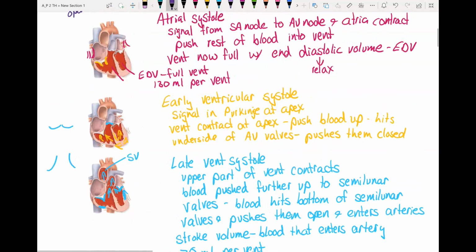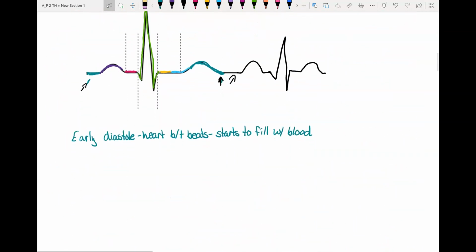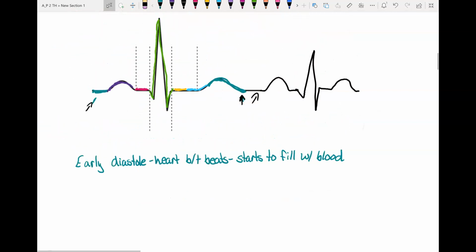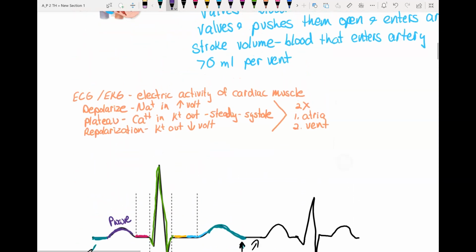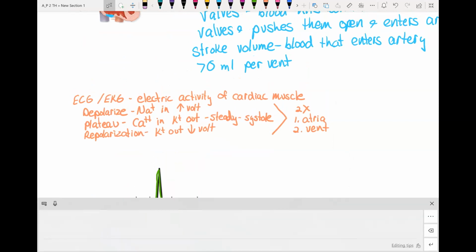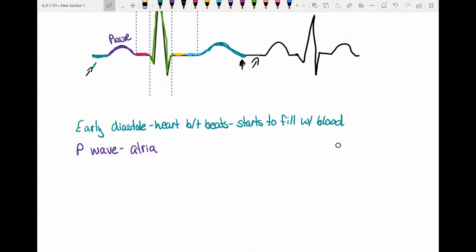Okay. Then we have our late diastole. So that's the purple. So here on the graph, this is the P wave. P wave is the atria depolarize. So remember, depolarization happens before the systole. So just before the atria contract, they have to depolarize.